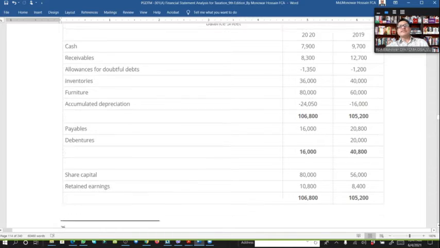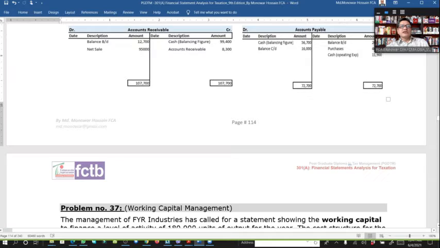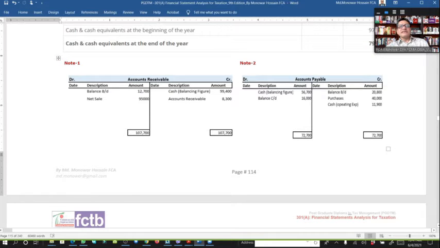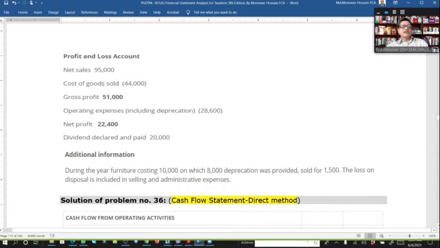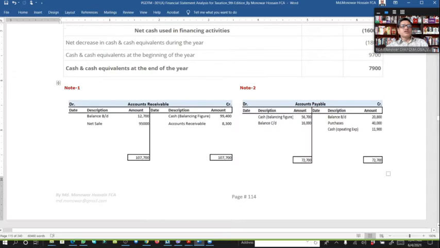So these two balances go in our ledger account. The net sale, as given in the information, is 95,000. Putting the net sale here, the total is 1,07,700, and minus 8,300 we get the cash received from our debtors, 99,400. This is the balancing figure.